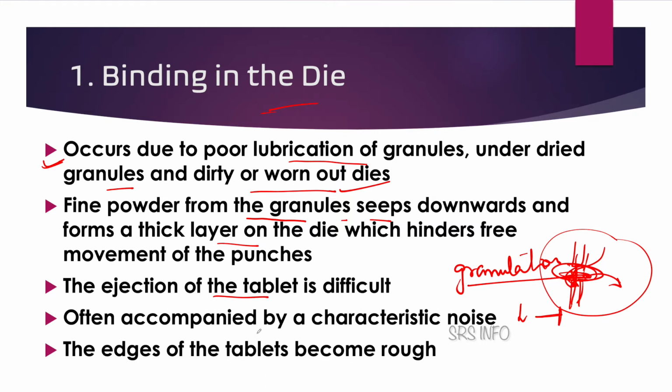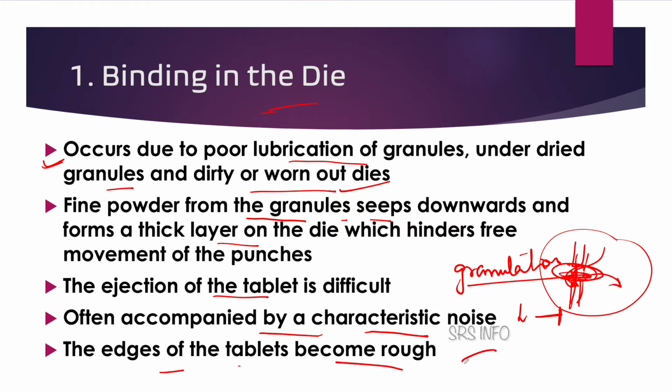And this binding in the die is often accompanied by a characteristic noise. Why? The machines are worn out and the punches are not working in a smooth way, the flow is not smooth, so a characteristic noise will arise. If you use these types of worn out dies to make tablets, the tablets are very defective and characterized by rough edges.